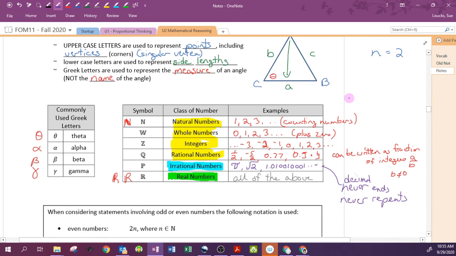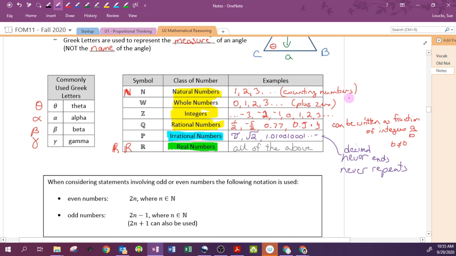When we're considering statements involving odd or even numbers, because we will talk about that, we use this notation. Any even number can be written as 2n, where n, and this ∈ means is an element of, the natural numbers. So any even number you can give me, I can rewrite it as 2 times some natural number.